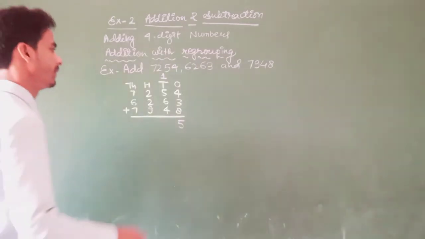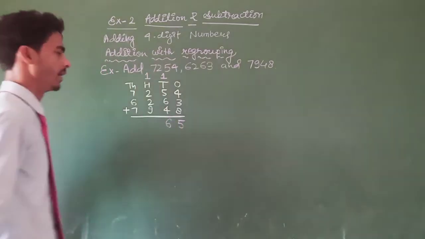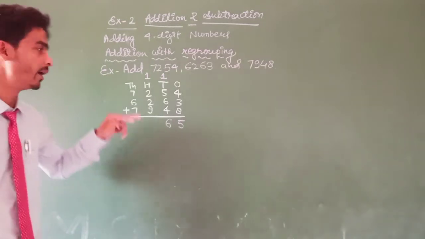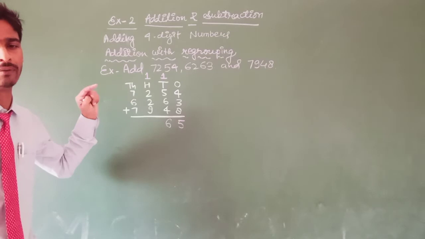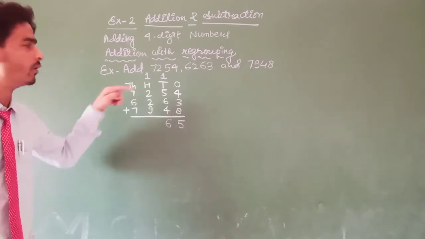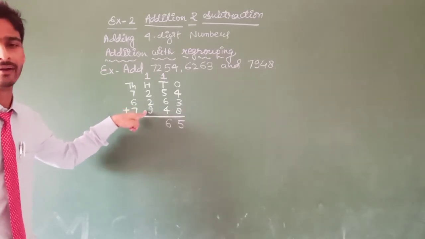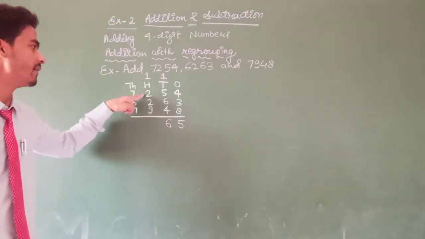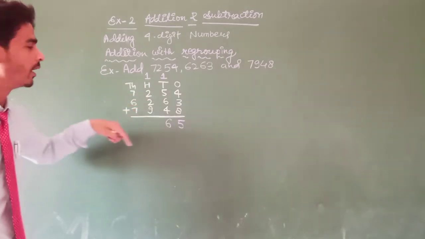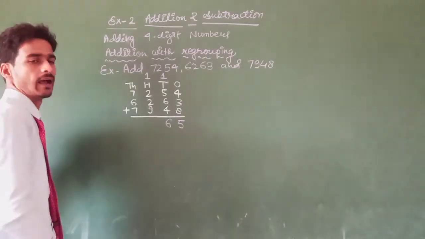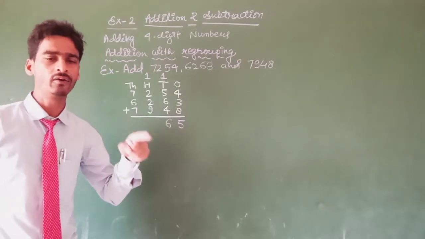Write 6 in the tens column and carry over 100 to the hundreds column. Now in step third, add the hundreds, which gives 14 hundreds. Regroup 14 hundreds into 1000 and 400.